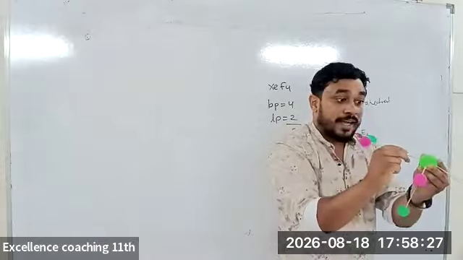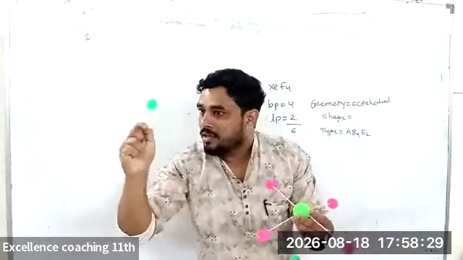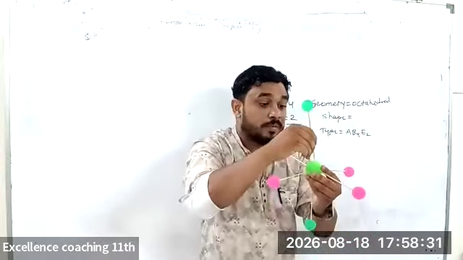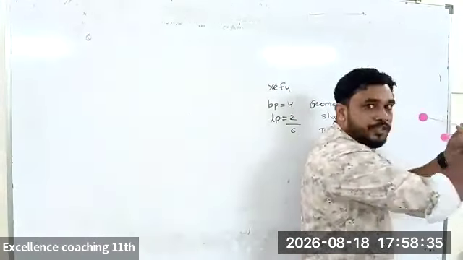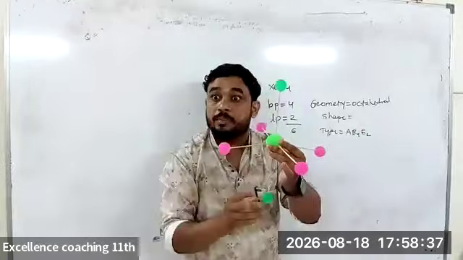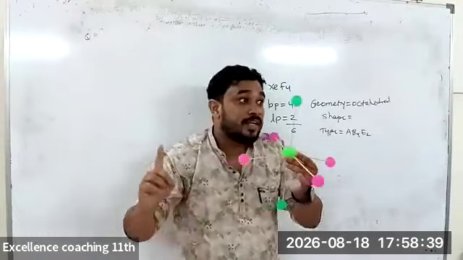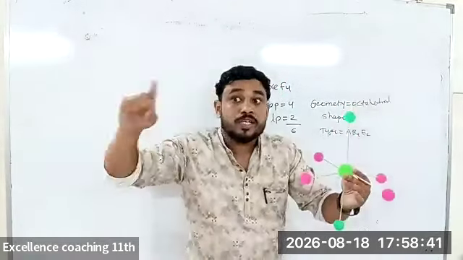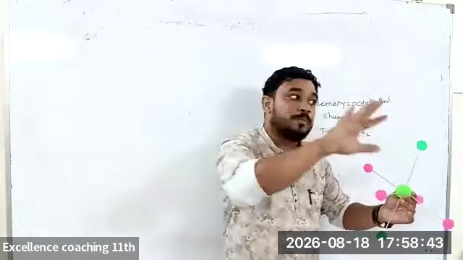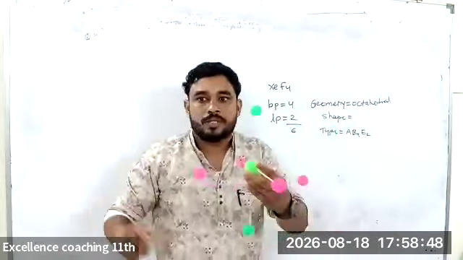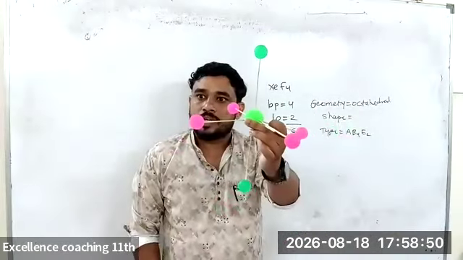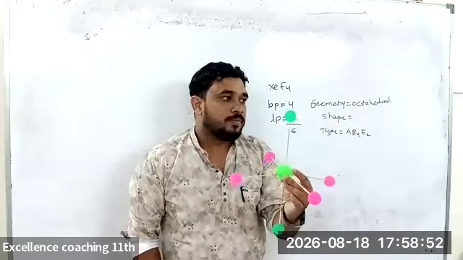Because of the angles, 90 degrees, lone pair repulsion with bond pair. First we have to focus on lone pair, then lone pair bond pair, then last bond pair. This is the best way. What is the geometry here?